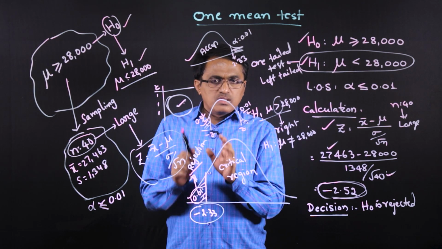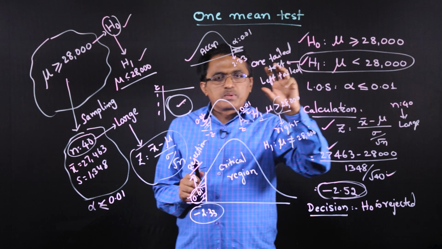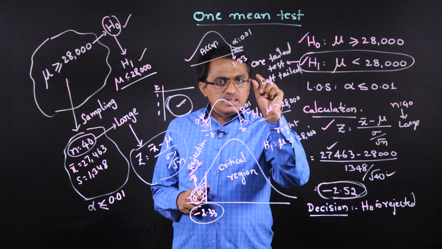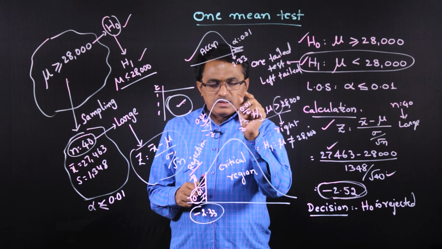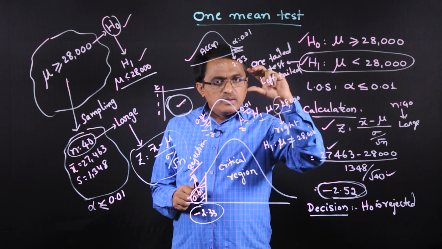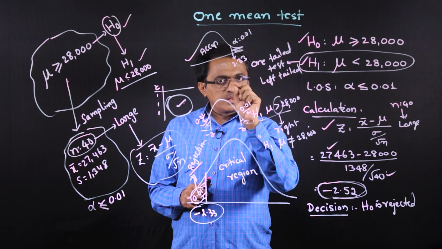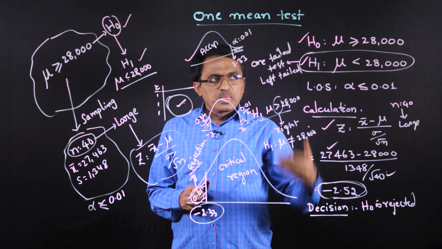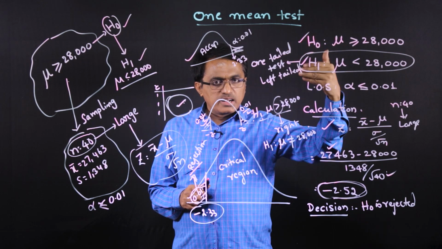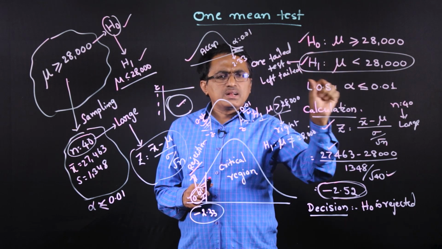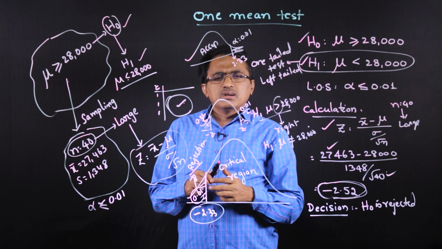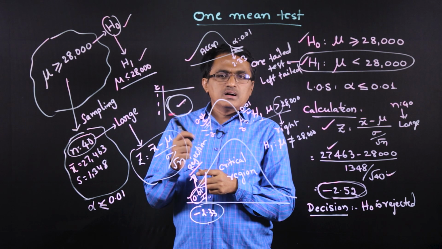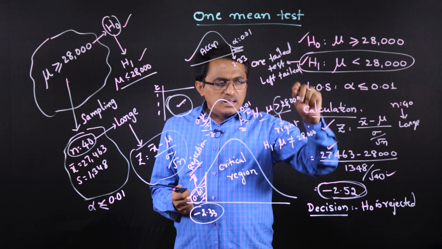So like this, whenever we see a problem related to testing of hypothesis, first we need to verify whether the hypothesis is related to the mean or not. If so, is it a hypothesis related to one mean? If it is one mean, then these are the steps we have to follow: the null hypothesis, then the alternative hypothesis. Depending on the alternative hypothesis, we will have an idea whether we are going for a left tailed, right tailed or two tailed test.